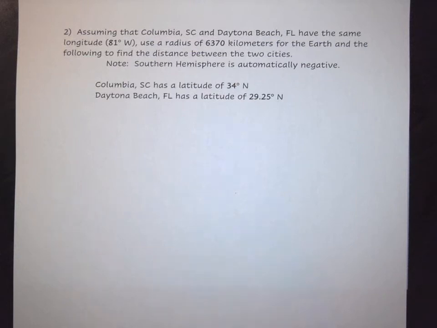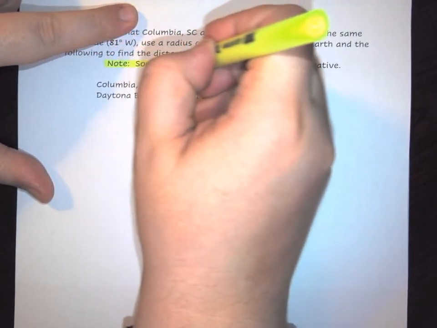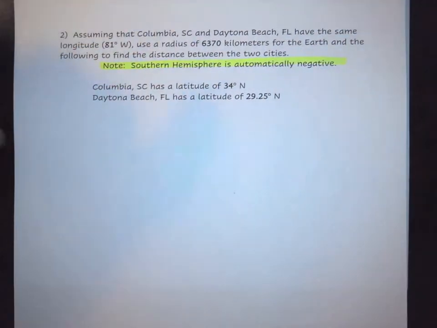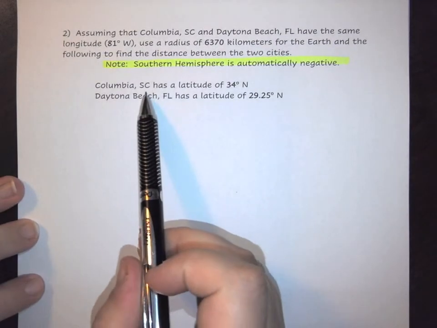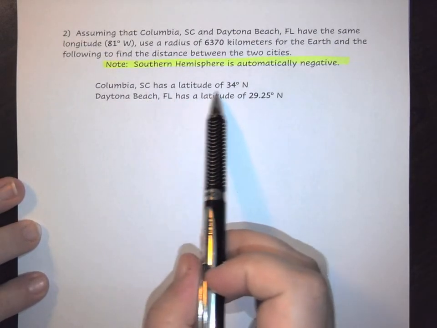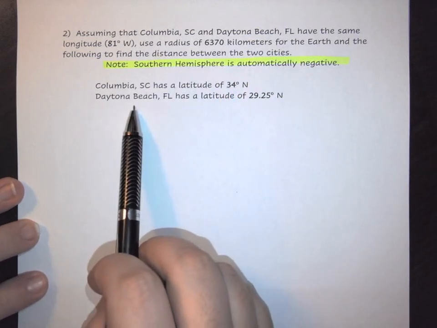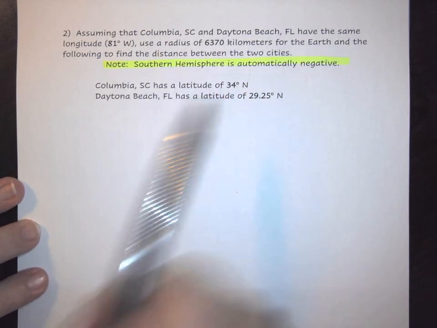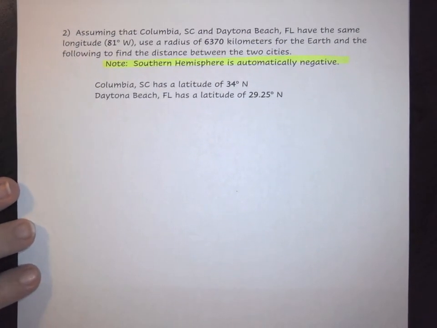Okay. Now with that, there's an important thing we have to remember, is that when we are dealing with anything that falls in the southern hemisphere, we have to automatically assume that that value is negative. So here we have South Carolina, which has a latitude of 34 degrees north, and then we have Daytona Beach, Florida, which has a latitude of 29.25 degrees north.